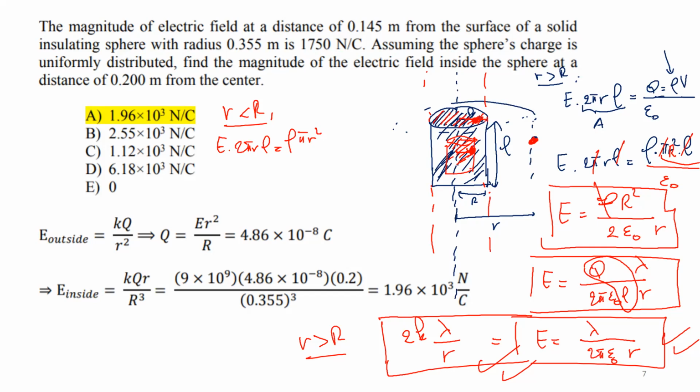Here, of course, the charge enclosed is inside this insulating solid cylinder. So here I will have this pi R square, I multiply by L, and I divide by epsilon naught. You see, the L goes away, the pi goes away, this R goes away with this R. I have my electric field inside, which is just rho R divided by 2 epsilon naught.